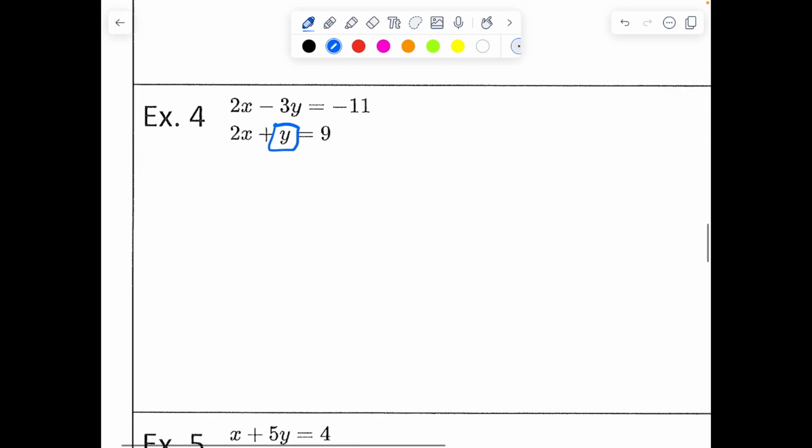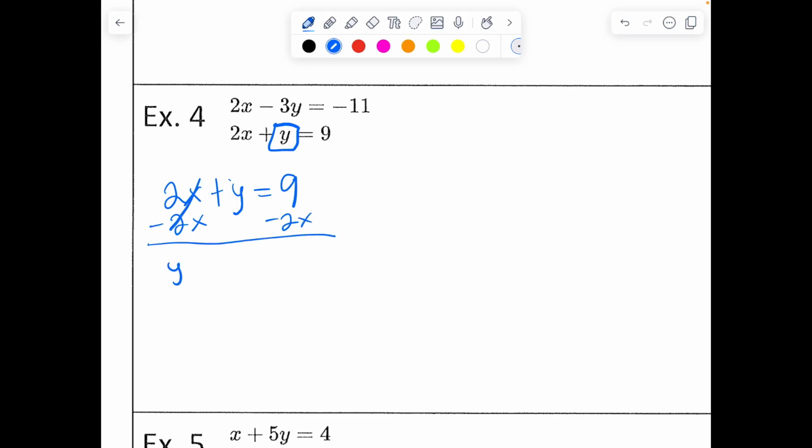So first I need to isolate that single coefficient, meaning I need to get y by itself and move everything else to the other side. I'm going to do that by subtracting 2x. When I do that, I get y equals negative 2x plus 9. So that's step 1.